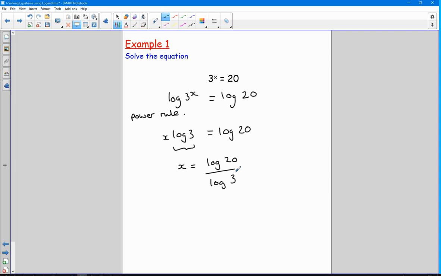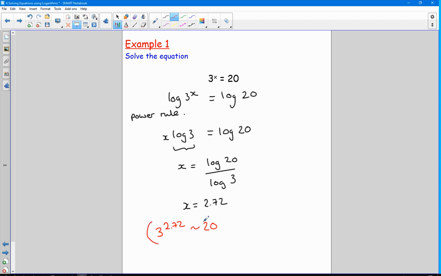So I'm just going to put base 10 in on mine, divided by log 10 of 3. And that gives me the answer that x is 2.72.